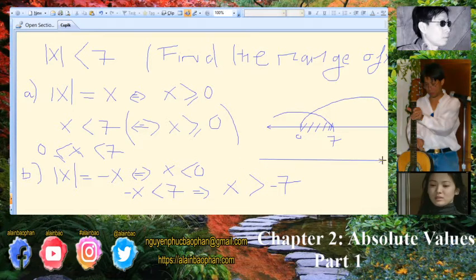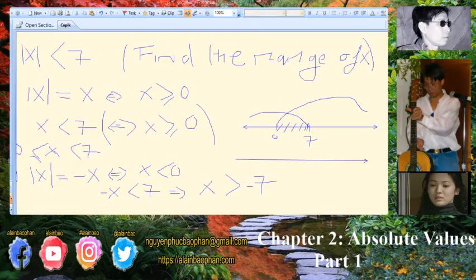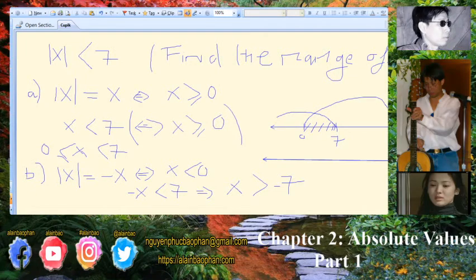Okay, let me draw the straight line here. Let's put 0 here and minus 7 here. Just pick any point, you don't have to be exactly in units.